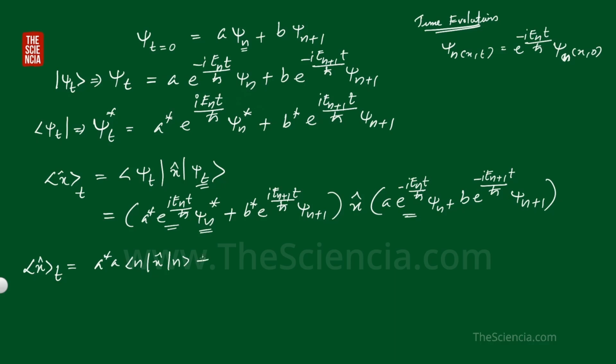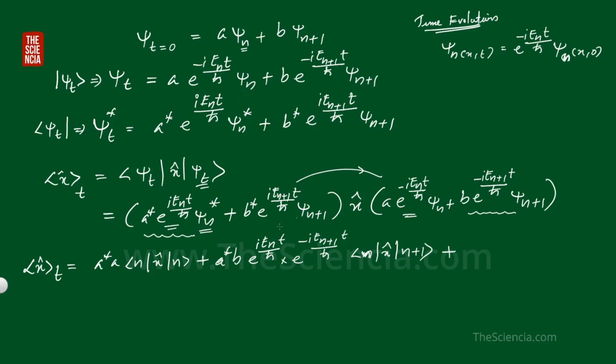Plus, now we take the other combination, that is a* b e^(iE_n t/ħ) into e^(-iE_(n+1) t/ħ), bra n x cap ket n+1.